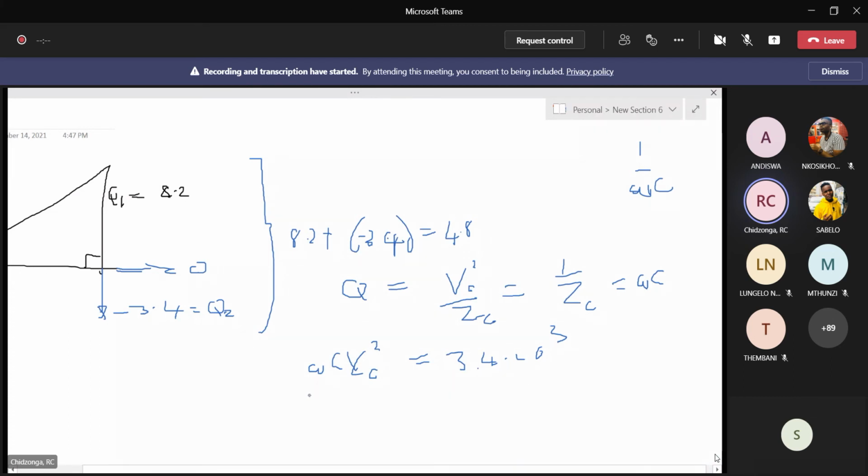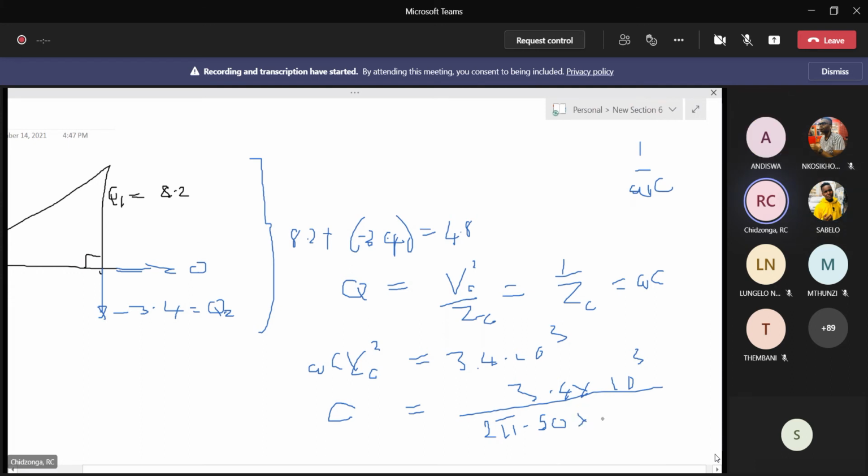Therefore, you can substitute now, because omega is 2 pi f. Therefore, you can say the capacitance C is equal to 3.4 times 10 to the power 3, all divided by 2 pi times 50. 2 pi times 50 is omega, times V squared.